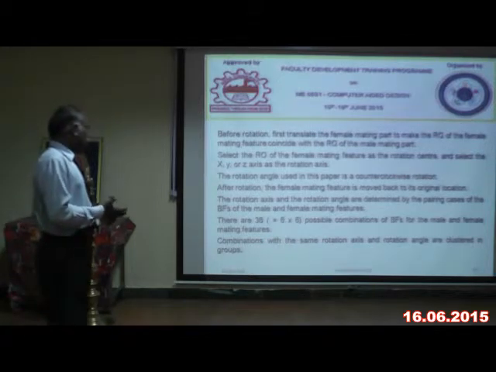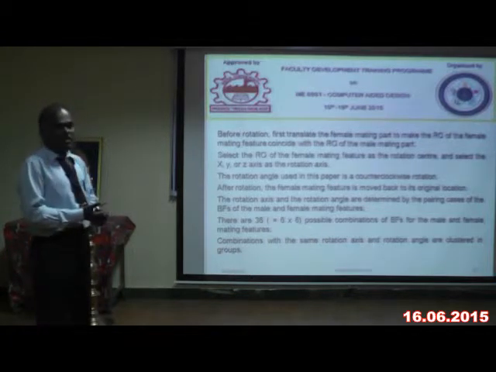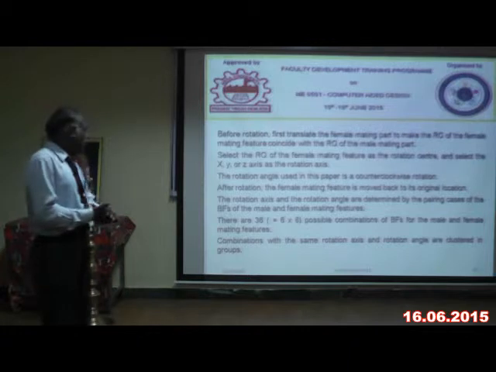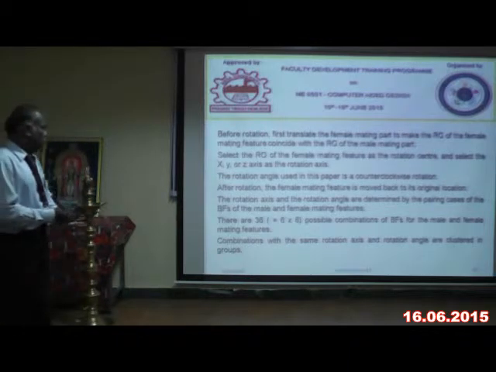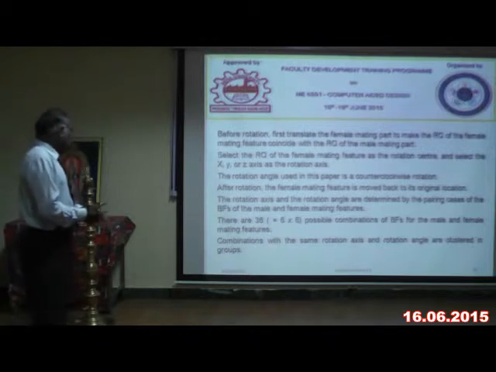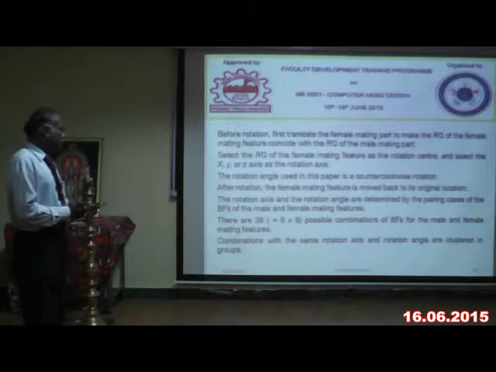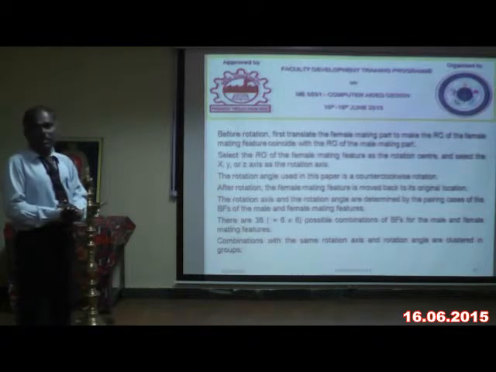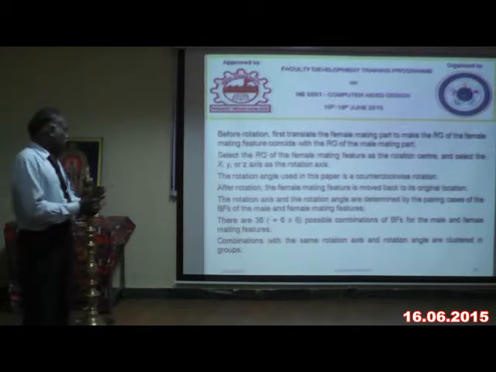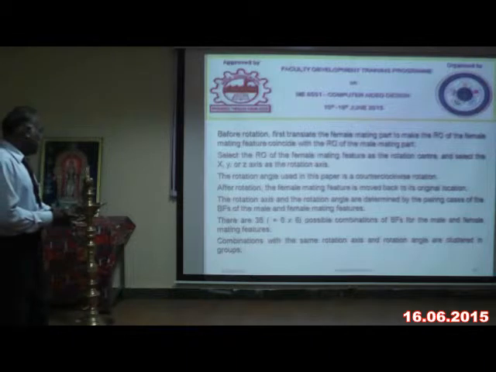After rotation, the female mating part is moved back to its original location. And then the rotation axis and the rotation angle determine the pair of places of boundary faces of the male and female mating features. There are 36 possible combinations, 6 by 6 possible combinations of boundary faces for the male and female mating features.